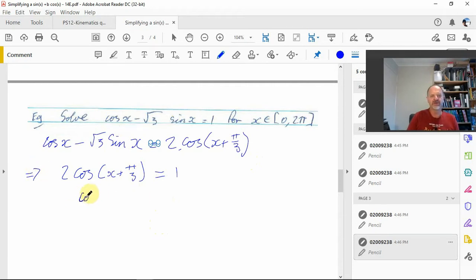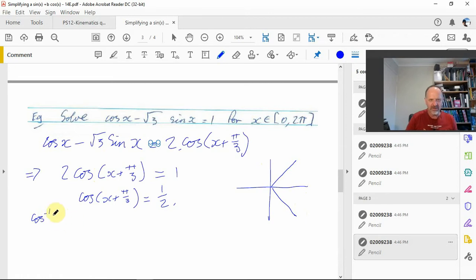Divide by 2 both sides, so cos(x + pi on 3) is equal to 1/2. All right, 1/2, a positive number, cos is positive there and there. Cos inverse of 1/2 is pi on 3, so the reference angle is pi on 3, that's pi on 3.